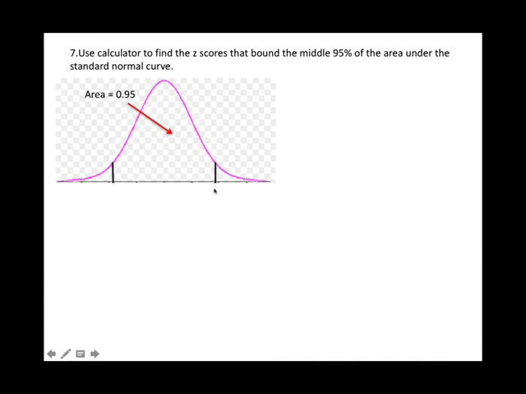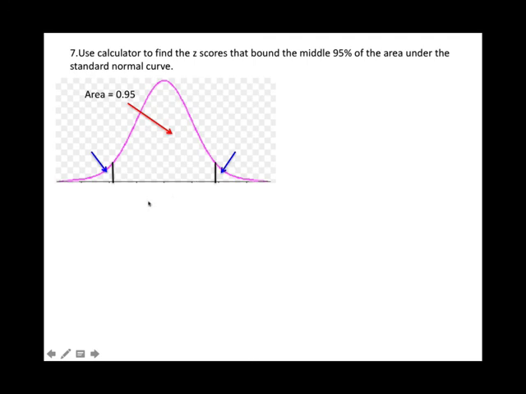And first, I want you guys to figure out what is the area on the left tail and the right tail. Think about it. How can you find the area of the left tail and also the right tail? The total area under the curve is going to be 1, right?